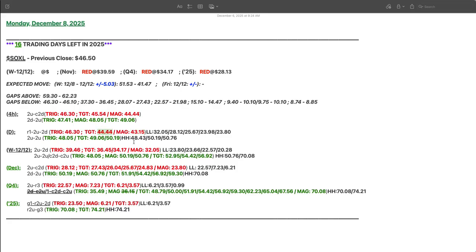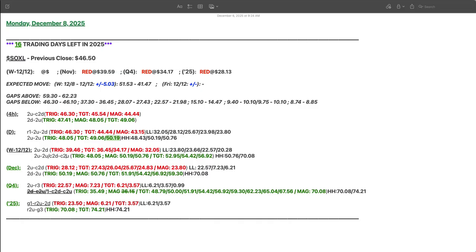So we do have 44.44, which is the magnitude of the 4-hour reversal as a possible bounce point on the day chart, right? If we don't go 2 down and we go 2 up on the day, just continue that 2 up pattern, 2 up continuation, that triggers at 48.05, and we've got targets of 49.06 and then 50.19, which is last month's high.